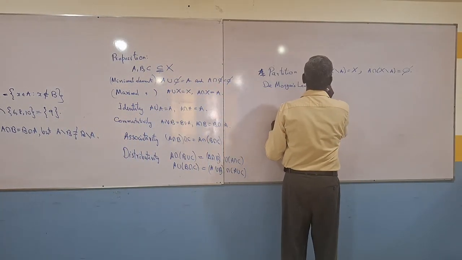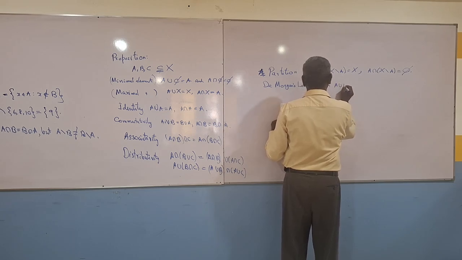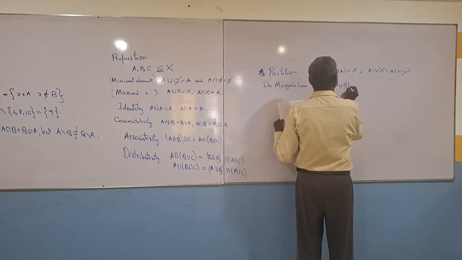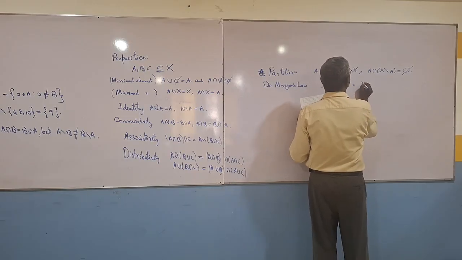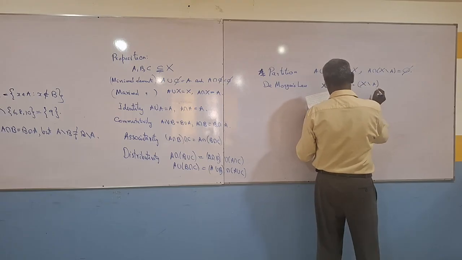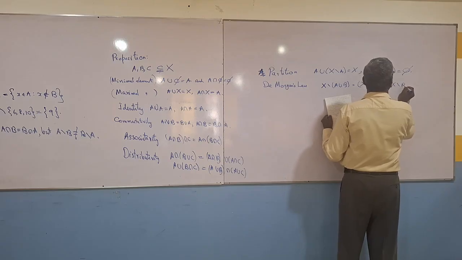These are very important for you. X minus (A union B) is equal to X minus A intersection X minus B.